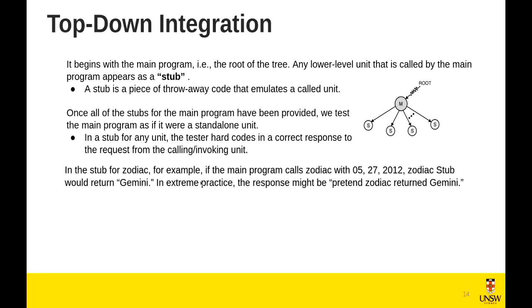In the previous example of the calendar program, if the main function calls the zodiac checking function, we can just generate a stub function that returns the correct answer for some particular user inputs to mimic the expected behavior of the program. So this is what we can do for that example.